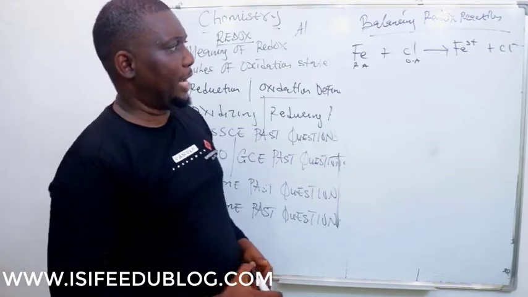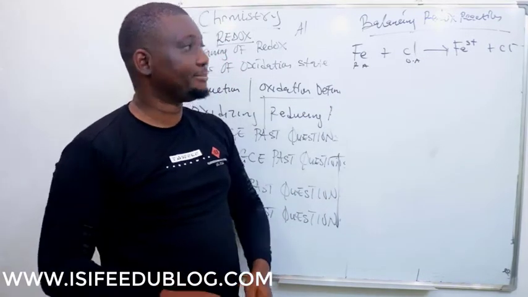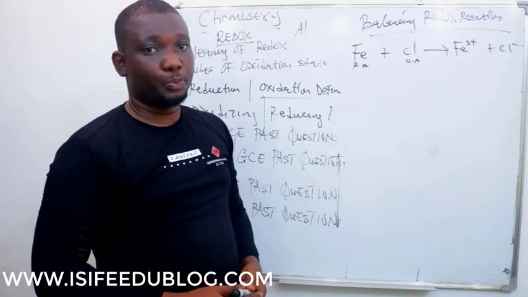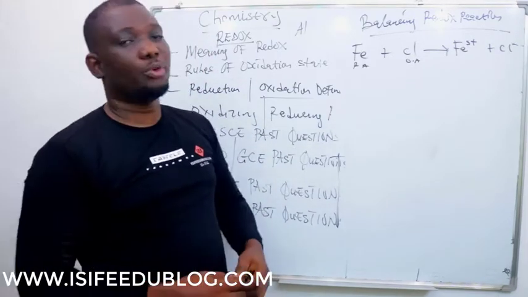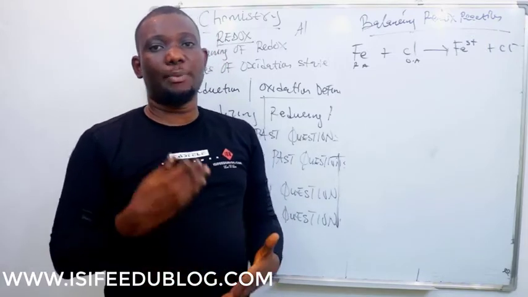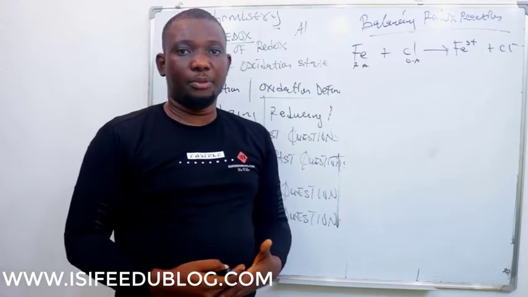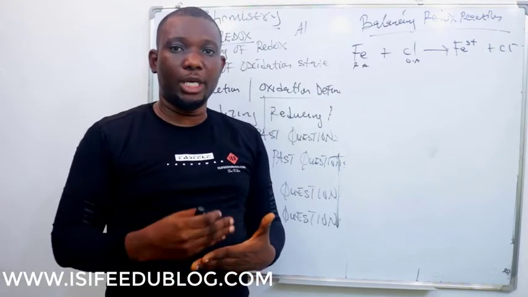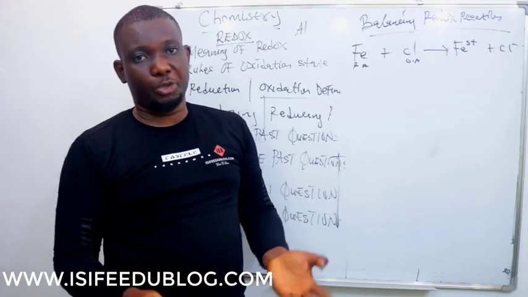But what we are looking at is, is this reaction or equation balanced? I don't think so. In redox reactions, there are 2 chemical laws that must be obeyed. I've stated before in my videos that you must obey the law of conservation of mass and the law of definite proportion.